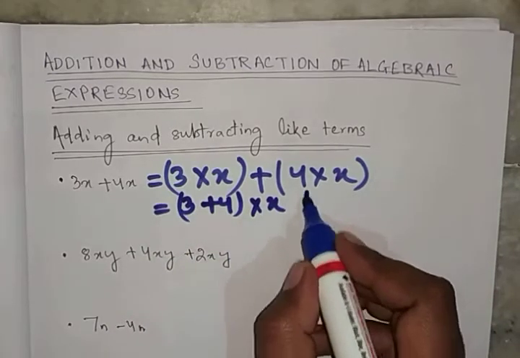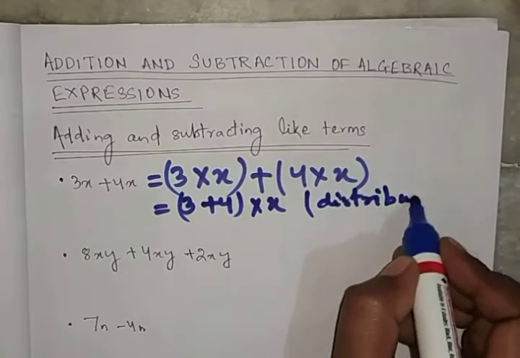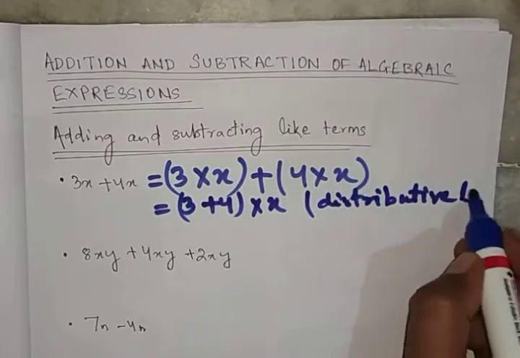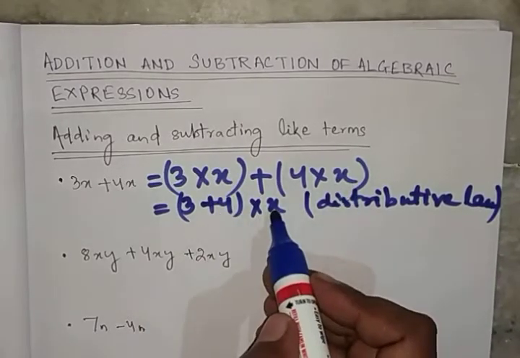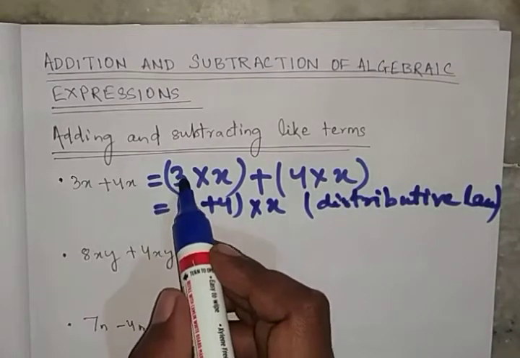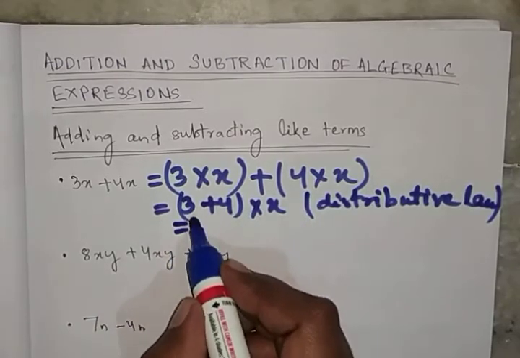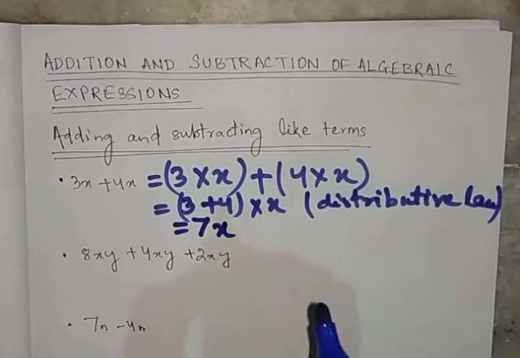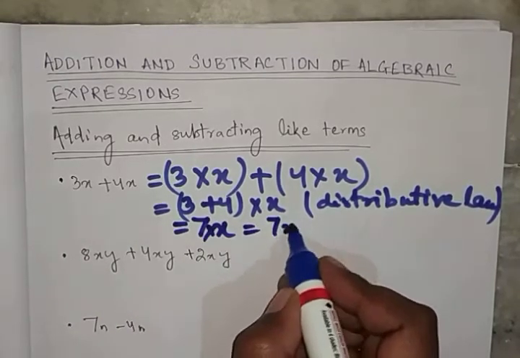What is that? That is the distributive law, because here x is common, that's why we have taken out x, whole into 3 plus 4. What did you get? 3 plus 4, 7x. 7 into x, you can write as 7x.